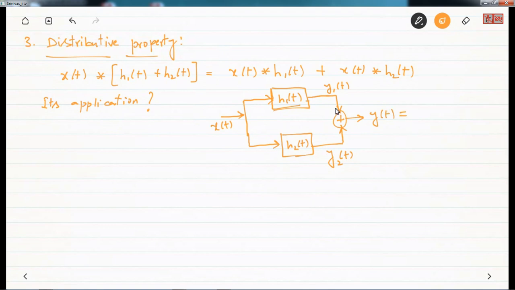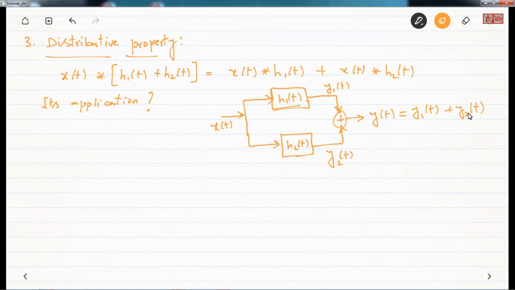And finally you are summing these two outputs y1 of t and y2 of t to get y1 of t plus y2 of t. So can we simplify this system?